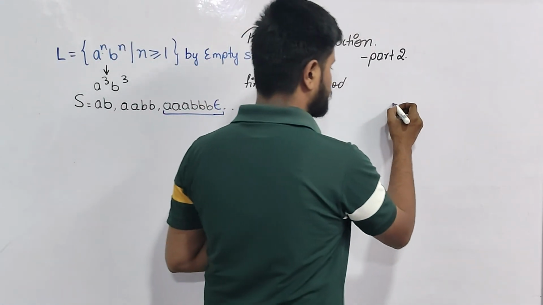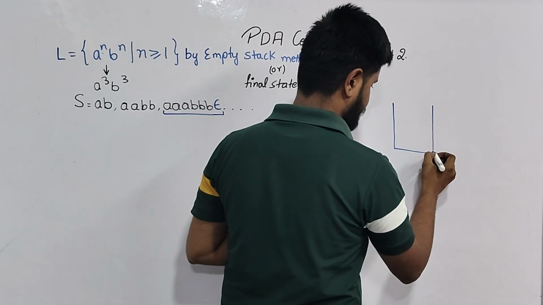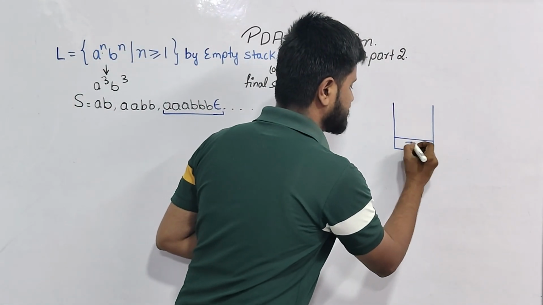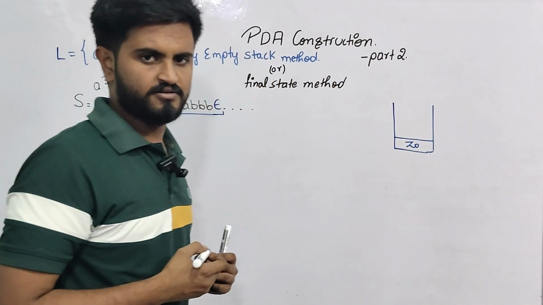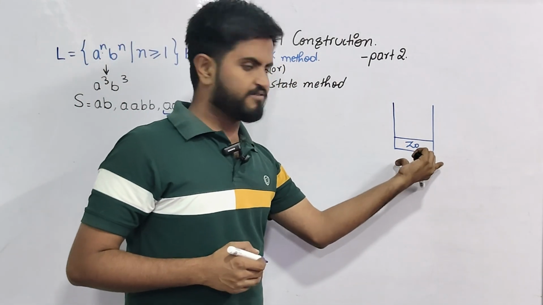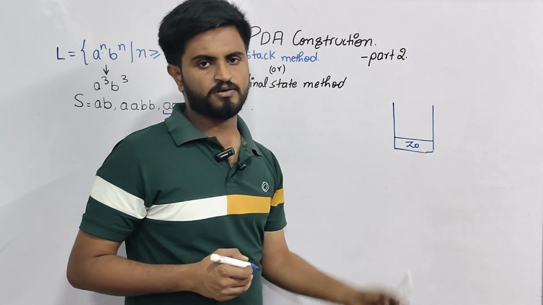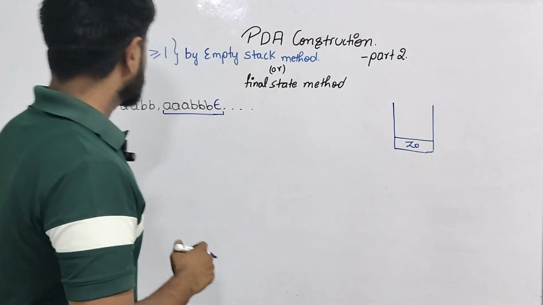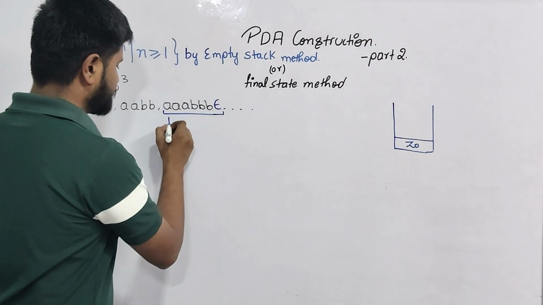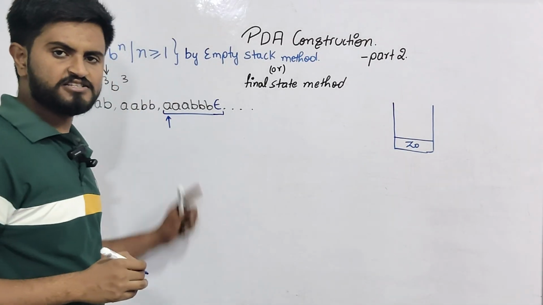To solve the problem, we will use one stack, and that stack will have z0 as its initial element. In every PDA construction problem, you will have a stack and its initial value will be z0.